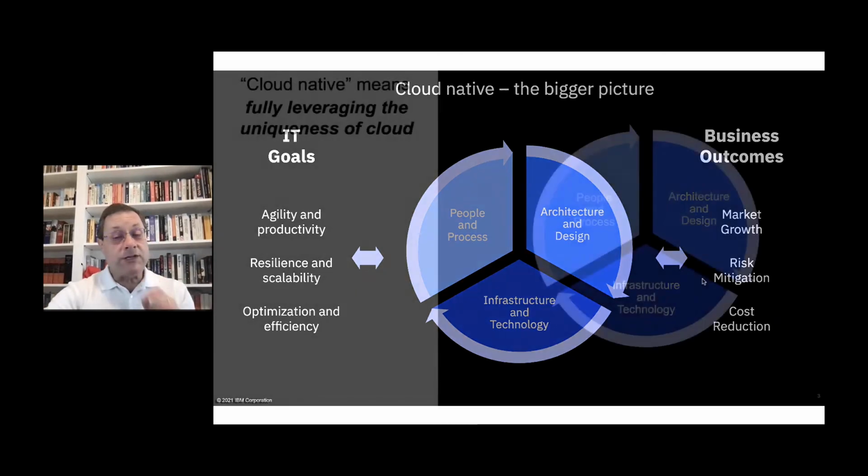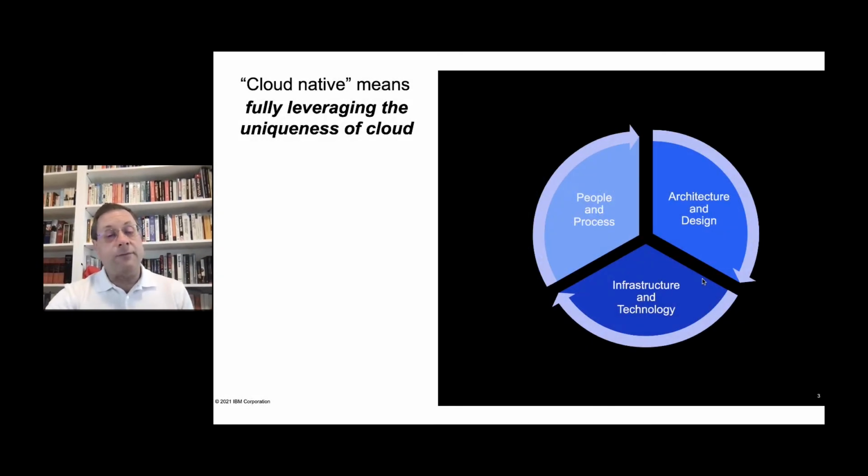Now, as we started thinking about that, that means that our definition of cloud native means you are doing all of these things. You're putting together the right processes, the right architectures, and the right technology to fully leverage what it is that makes cloud unique.